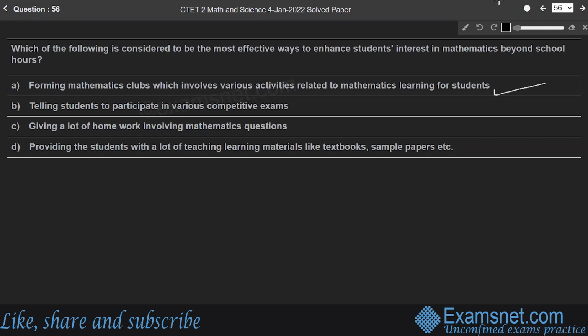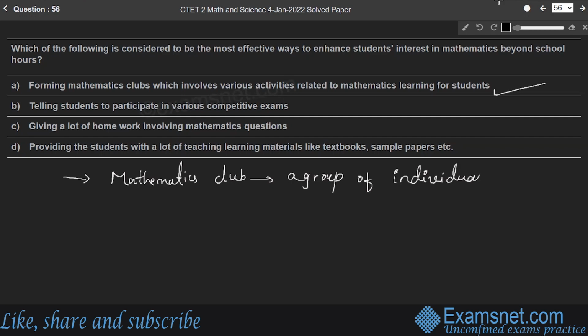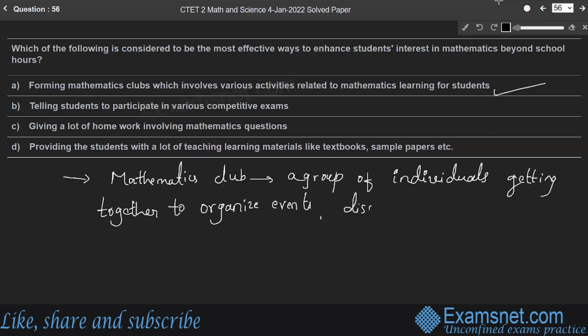Here, mathematics club is a group of individuals getting together to organize events, discuss, debate on various topics pertaining to mathematics.